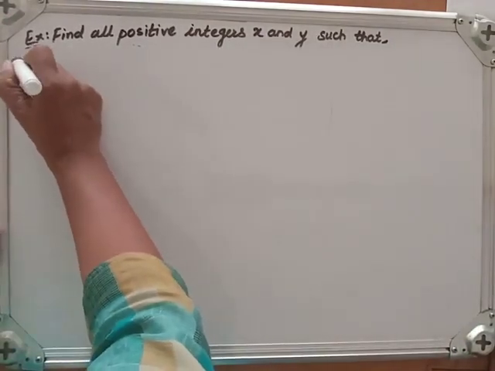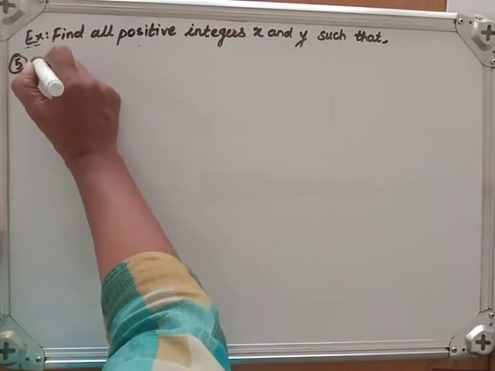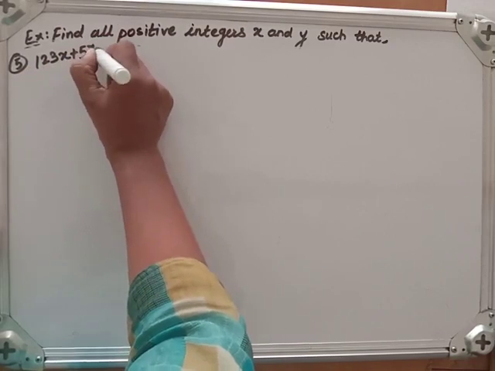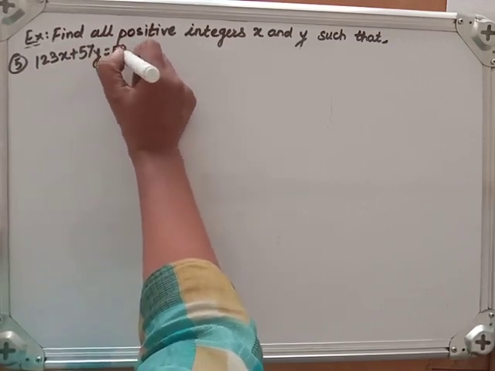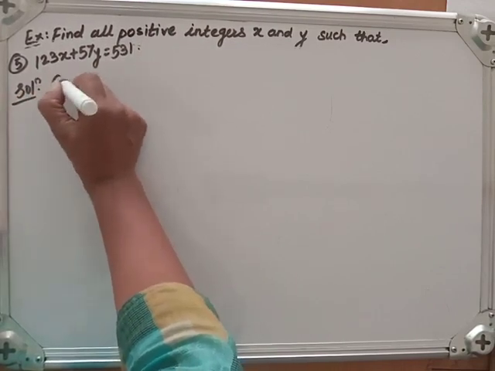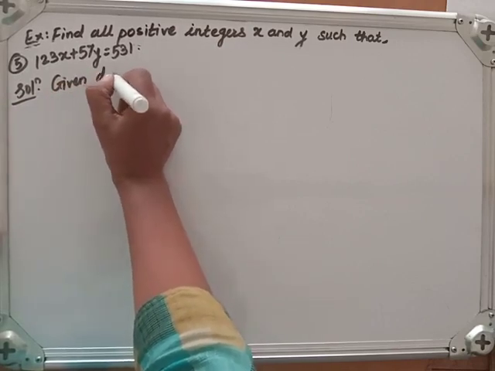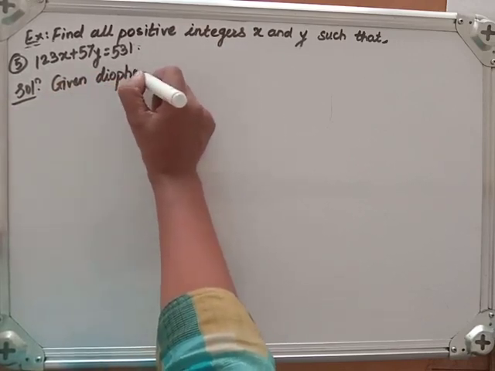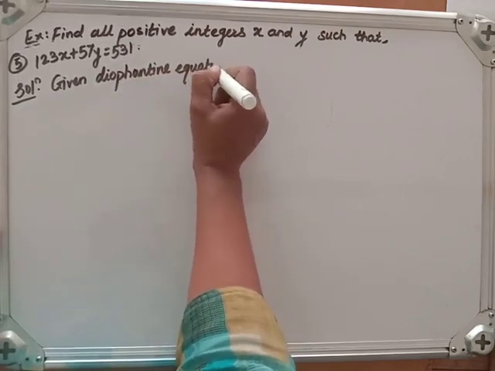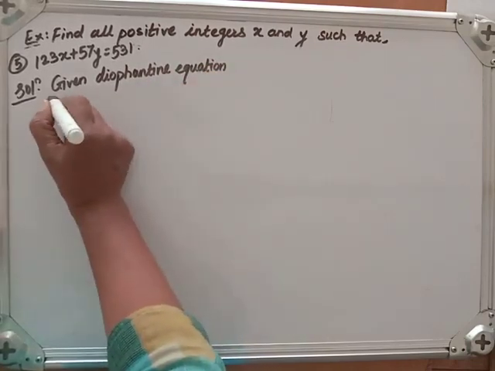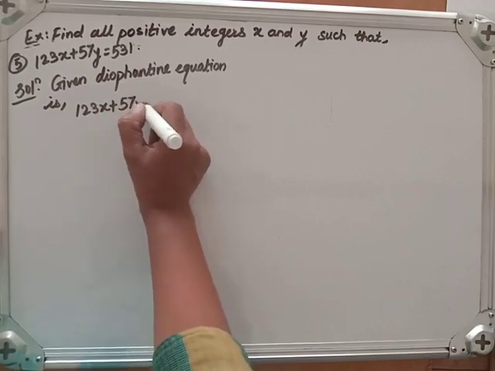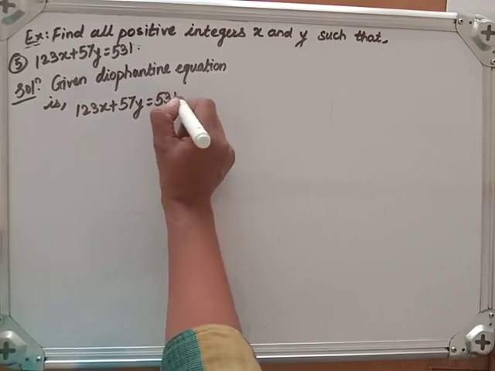So the fifth one, suppose 123x plus 57y is equal to 531. So solution: the given Diophantine equation is 123x plus 57y is equal to 531.